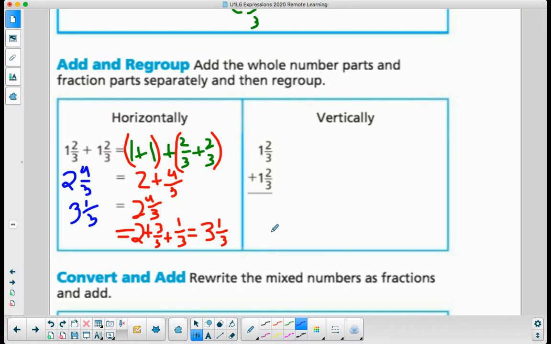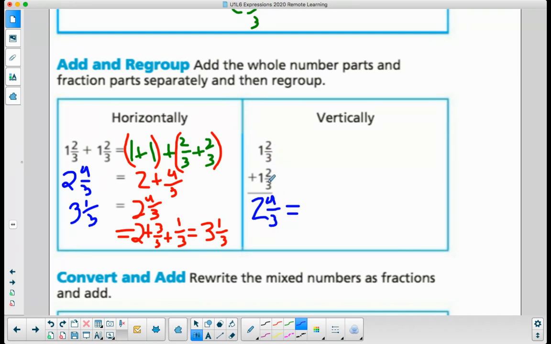Taking a look at doing it vertically. When I get to larger, more difficult numbers, I probably more so do them vertically. Add my wholes. 1 whole plus 1 whole is 2 wholes. Add my fraction parts. 2/3 plus 2/3 is 4/3. Then I would think in my head, hey, I can ungroup 1 whole.